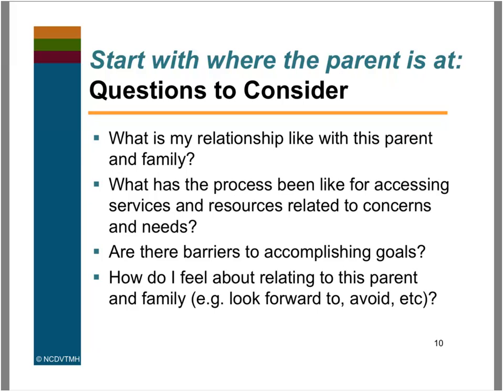And so when that happens, and we're going to talk a lot more about that, what might be going on that is creating barriers? And then finally, how am I feeling about relating to this family? Am I looking forward to our meetings if we have weekly meetings? Am I feeling like I'd rather avoid it? So that gives us another gut feel for where things are at in our relationship.